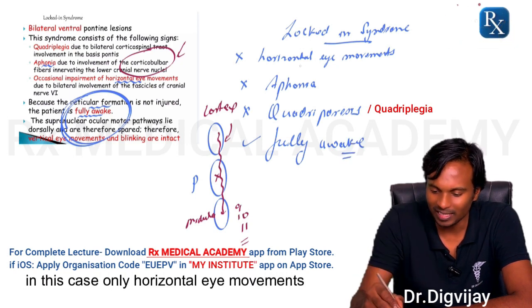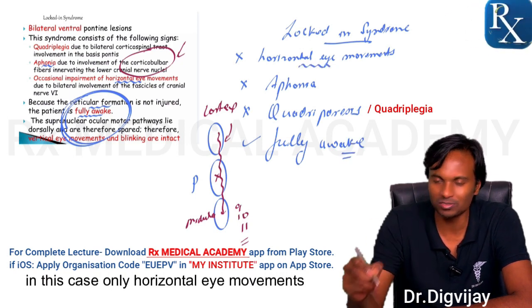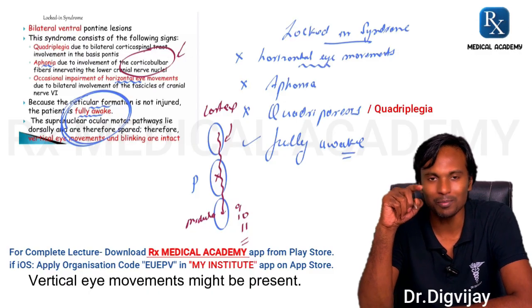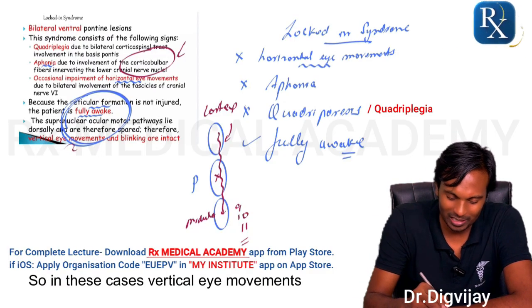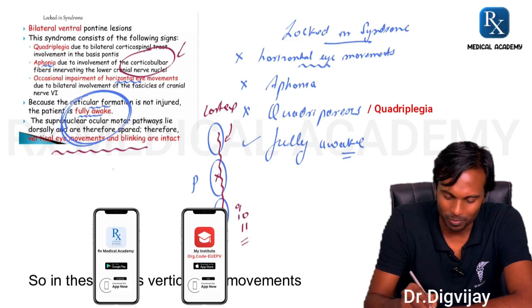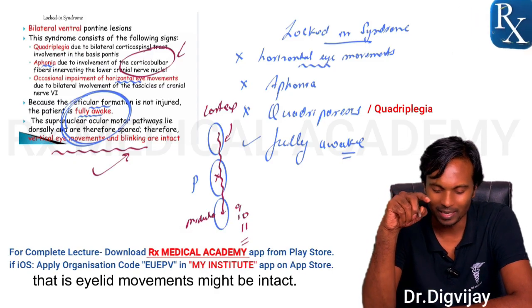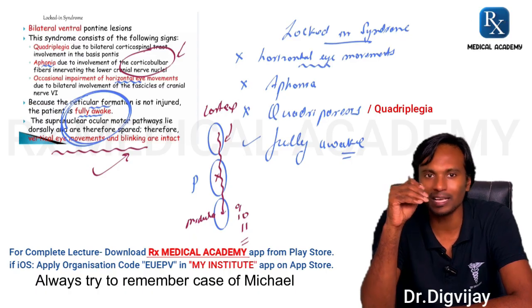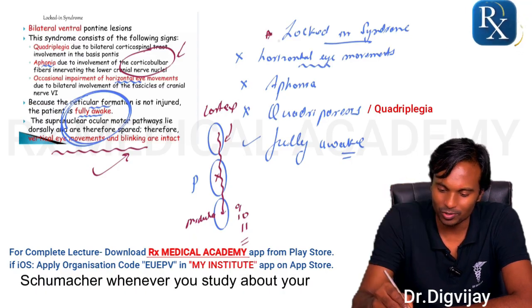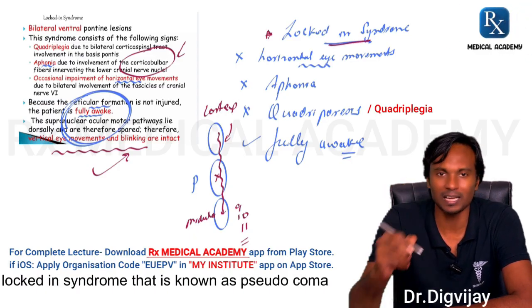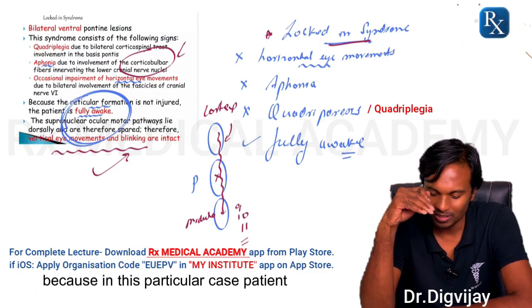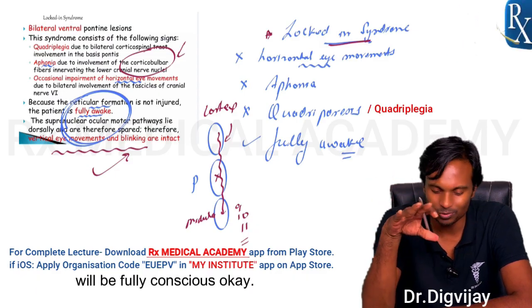But in this case, only horizontal eye movements will be lost. Vertical eye movements might be present. So in these cases, vertical eye movements along with blinking, that is eyelid movements, might be intact. Always try to remember the case of Michael Schumacher whenever you study locked-in syndrome, known as pseudocoma, because in this case, the patient will be fully conscious.